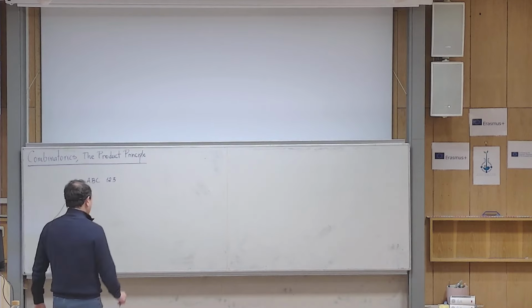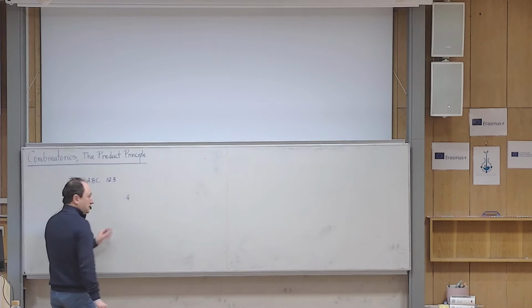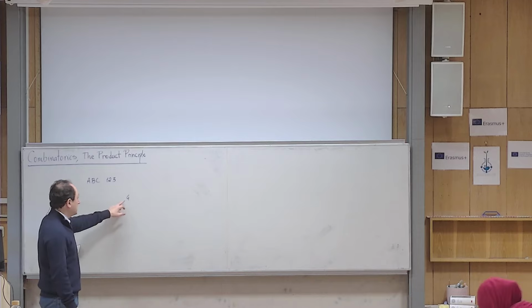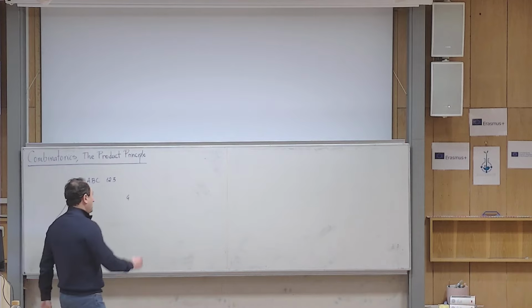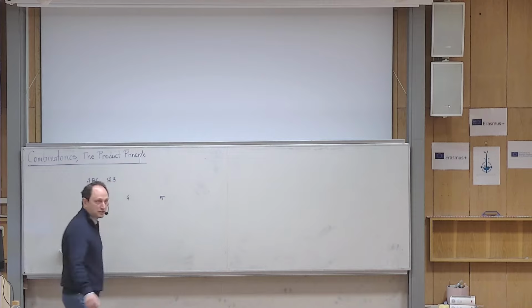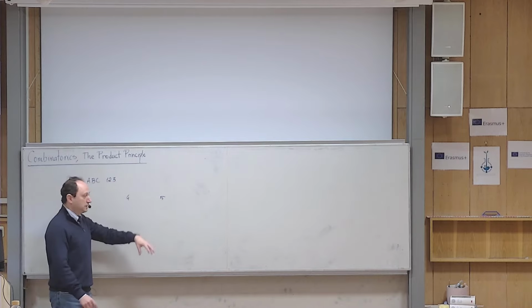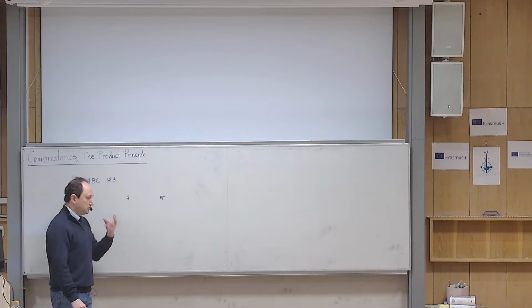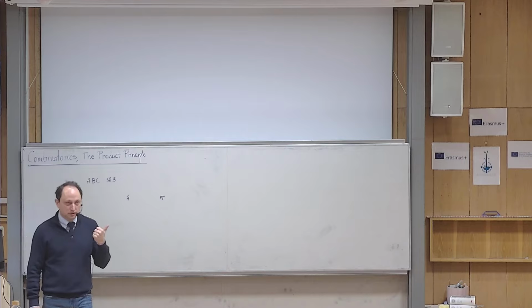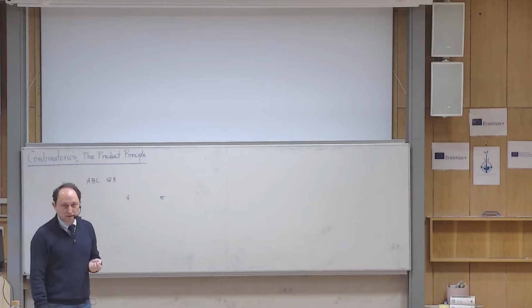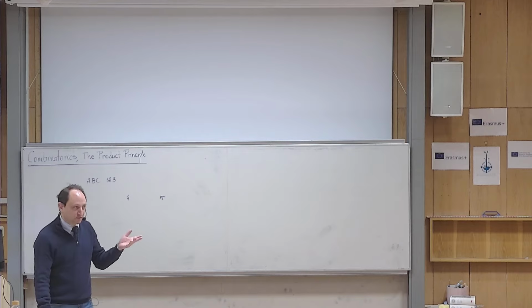Let us say that there are 4 physicists who are candidates, and 5 mathematicians who are eligible to be in the team. My goal is to set up a team consisting of 1 mathematician and 1 physicist. In how many ways do you think I can do that? I mean, this is already clear for you, yes?